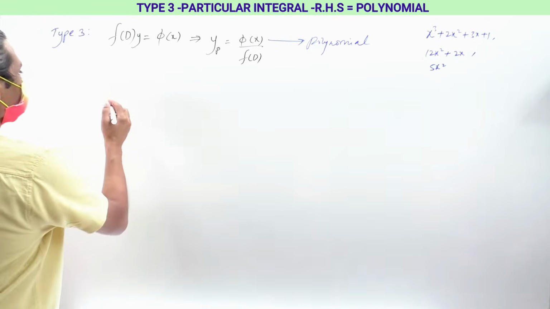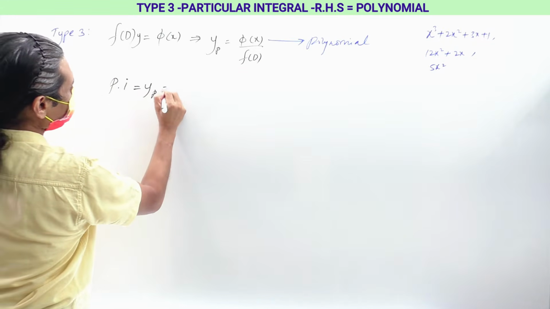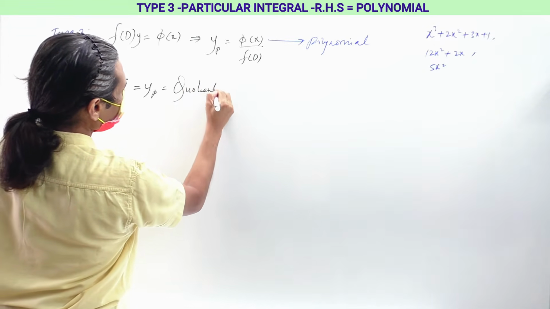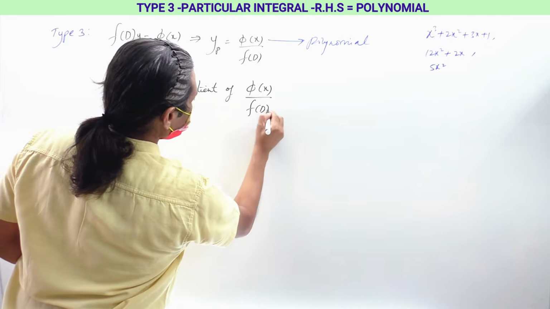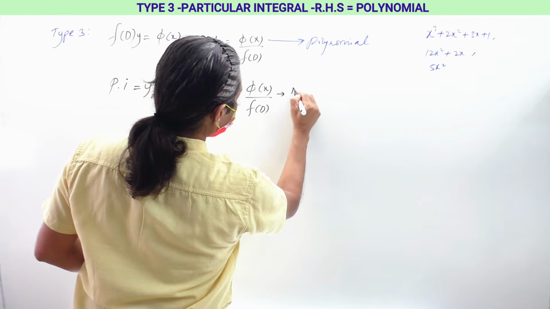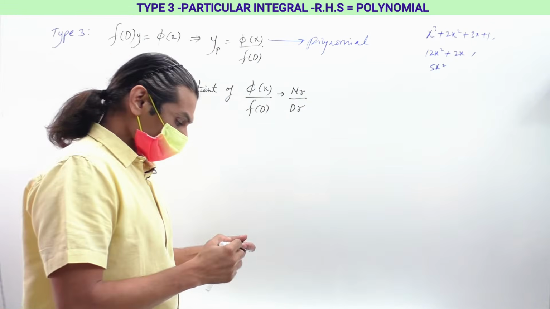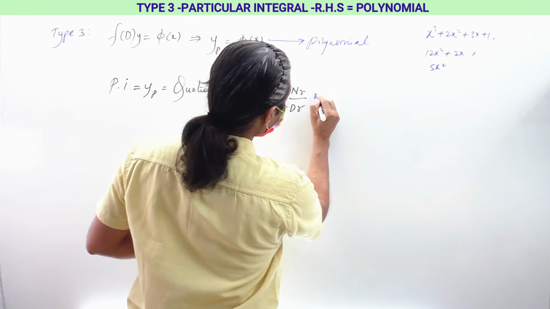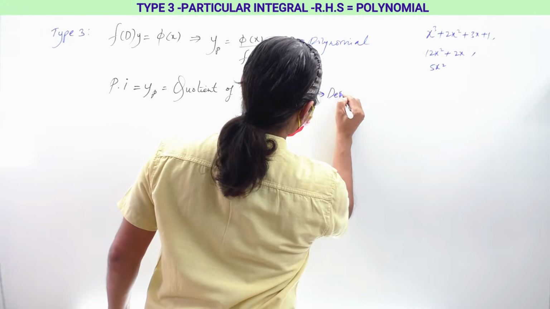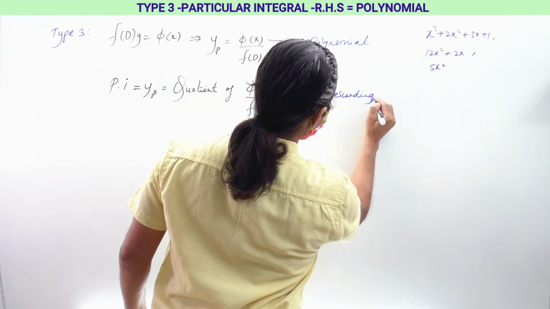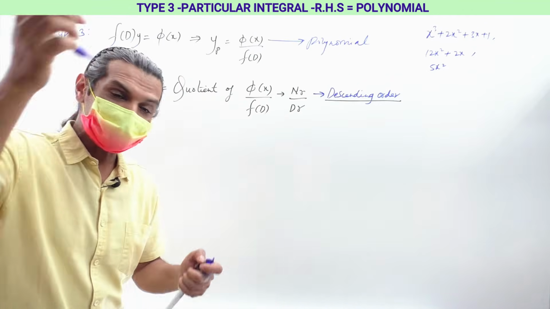Here the particular integral, or yp, is nothing but the quotient of phi of x divided by f of D. I take this as numerator upon denominator, denoting the numerator as NR and the denominator as DR. The numerator is in descending order, big to small, whole divided by the denominator in ascending order.